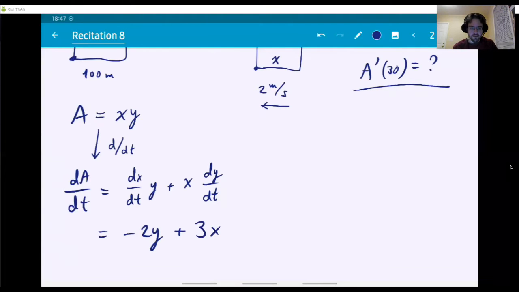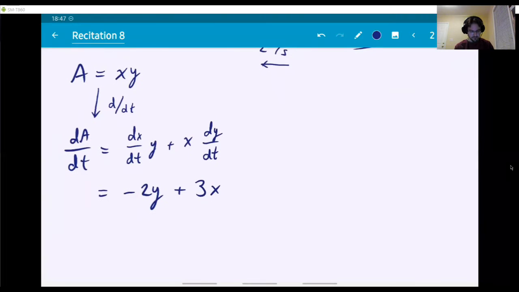The only thing that's missing from here is we don't know yet the values of x and y at those instants. Rewriting this equation in slightly different notation, what it means is that A prime of any instant is equal to minus 2 times the y at that instant plus 3 times the x at that instant.